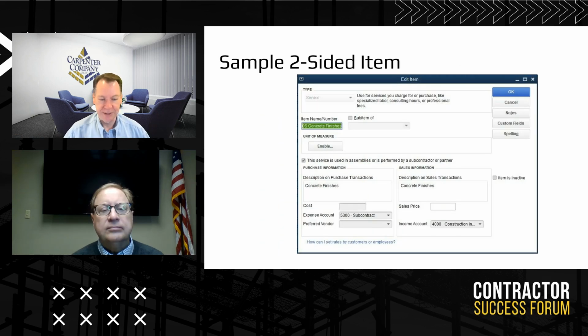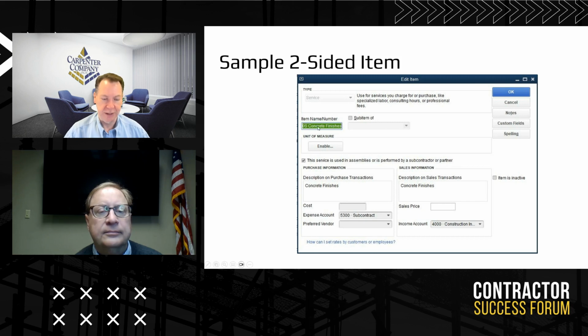Okay. Now, this is one thing I wanted to throw out here because this is one of the biggest misses I see, and it's not intuitive. This one is from QuickBooks Desktop, but I see it all the time. It's even harder to find in Online. But the items that are set up are traditionally one-sided items. That's by default.